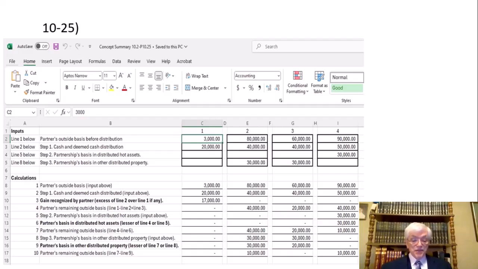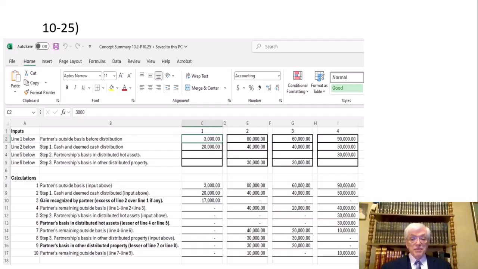The cash received is $50,000. And the inventory has a basis of $30,000, fair market value of $50,000. So that's more than a 20% increase. A 20% increase would be $36,000. So $50,000 is way more than that.